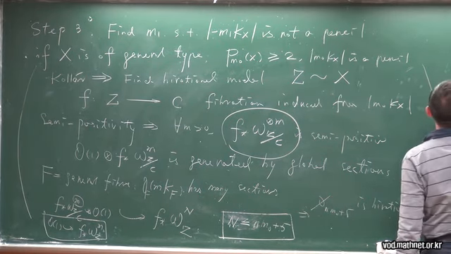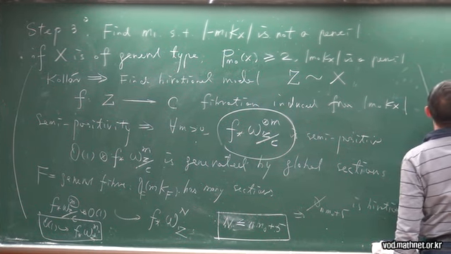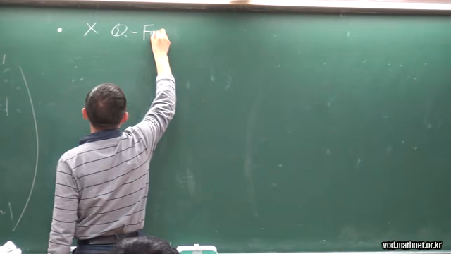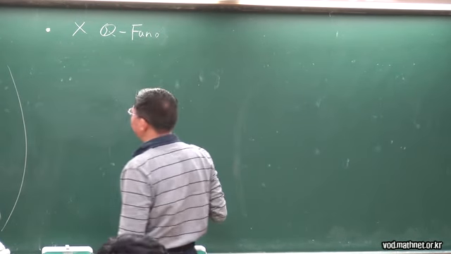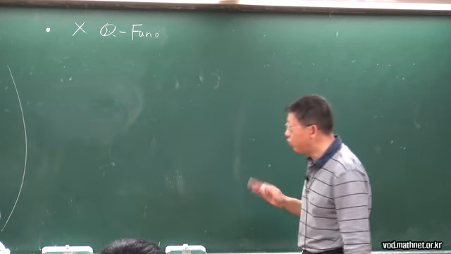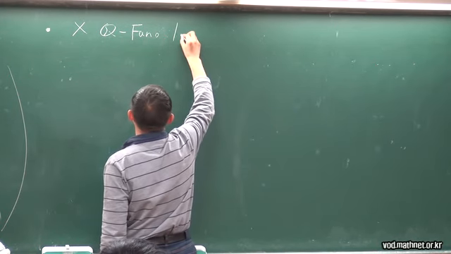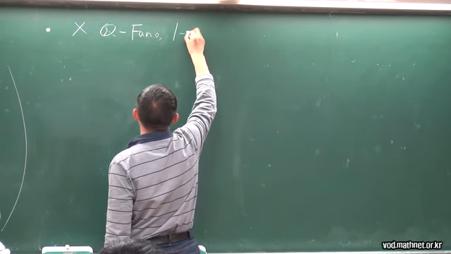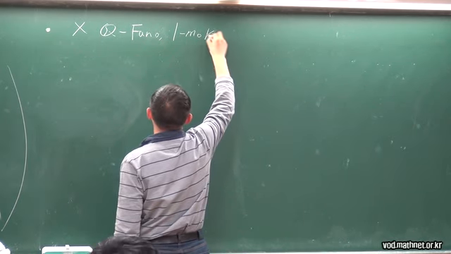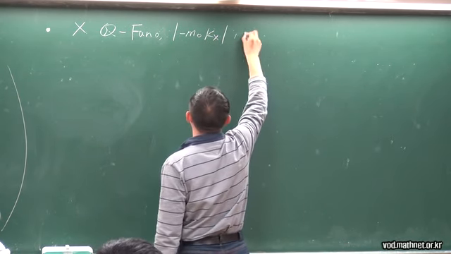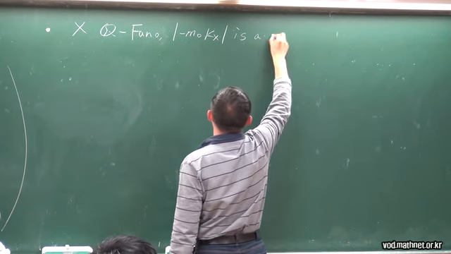So first, let me assume that X is Q-Fano. According to step 2, we already know minus M naught Kx, and we can assume that this is a pencil.